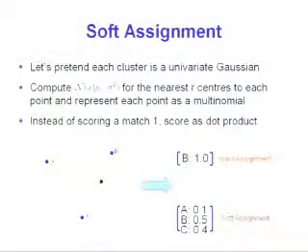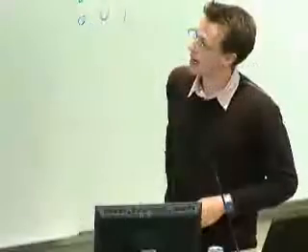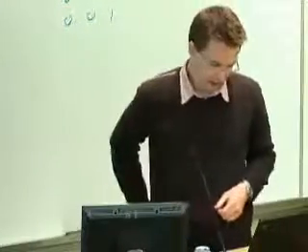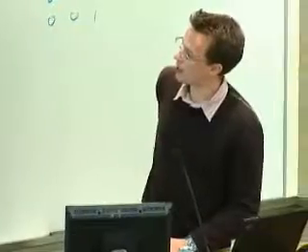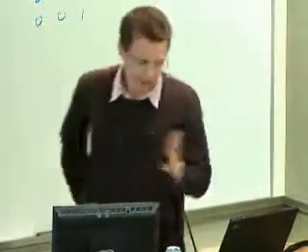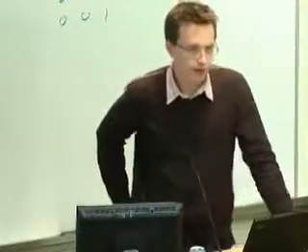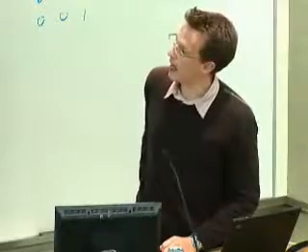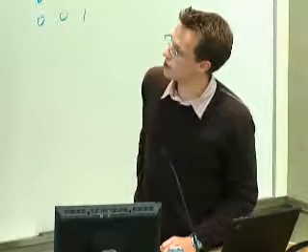A practical point is that we don't really want to regenerate all these clusters. And even if we did, it's not totally clear what method we should use to take into account this soft assignment. So let's just pretend that all the clusters are univariate Gaussians from k-means. We can compute these Gaussian conditionals for the nearest R centers to each point and represent each point as a multinomial.